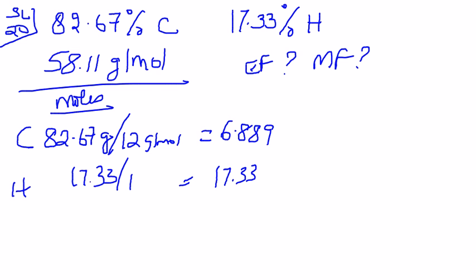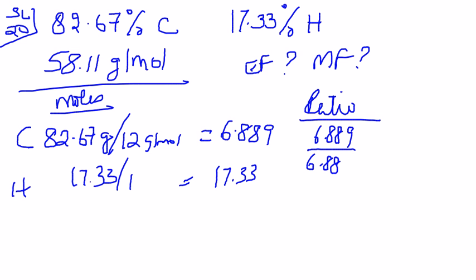The second step is to determine the ratio. All right, so we have here 6.889, which is the smaller of the two numbers. So you're going to divide both of the numbers by 6.889 to get 1 for the case of carbon, and for the case of hydrogen, you will get a number that looks like greater than 2 but less than 3.